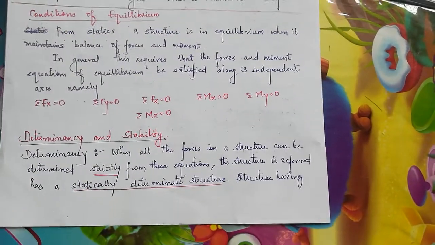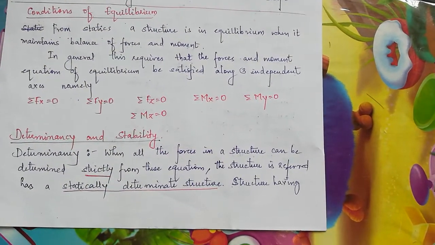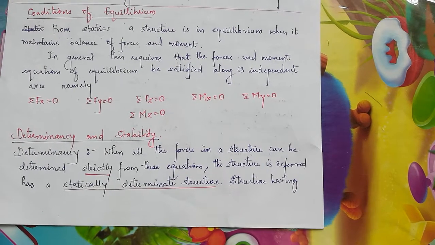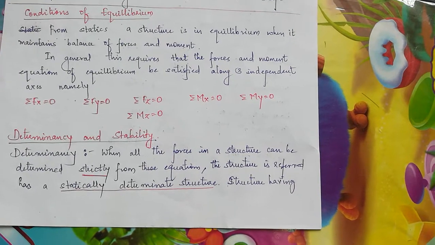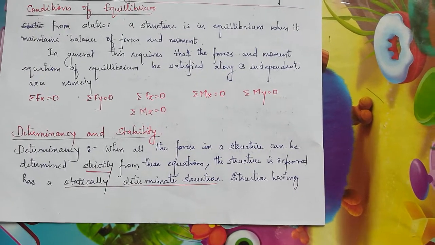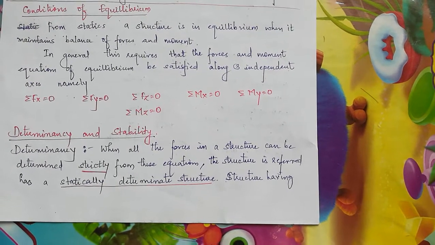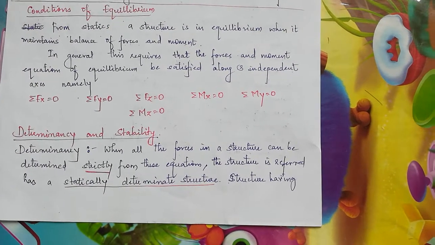Next, we will be dealing with what is determinacy and stability. Determinacy means what? When you are applying the equilibrium conditions, there are different times where we take different equilibrium conditions.